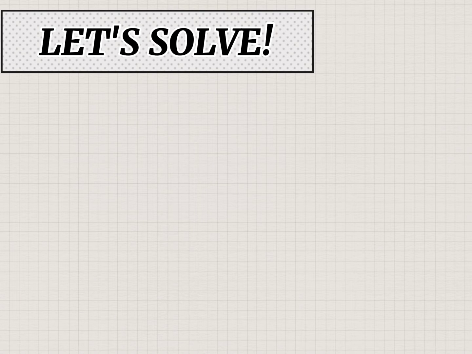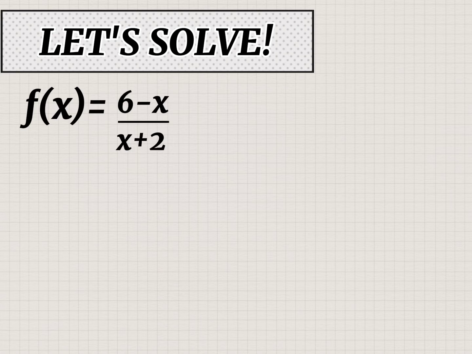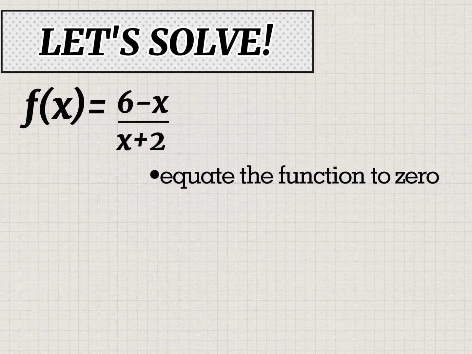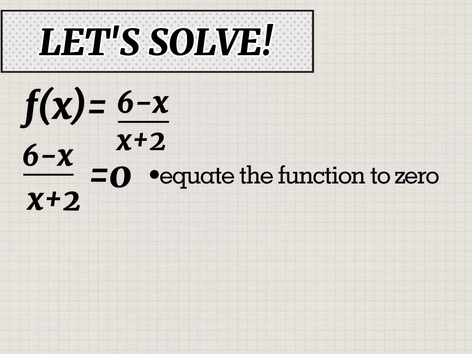Okay, so let's solve. Given the first example function, f of x equals (6 minus x) over (x plus 2). So the first thing that you are going to do is equate the function to 0. So that will be (6 minus x) over (x plus 2) equals 0.